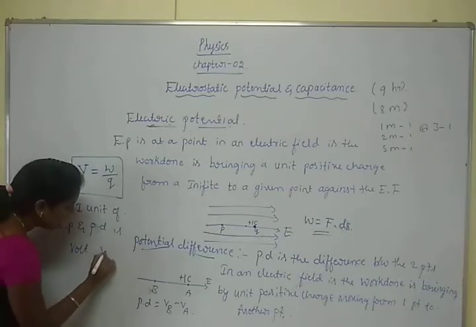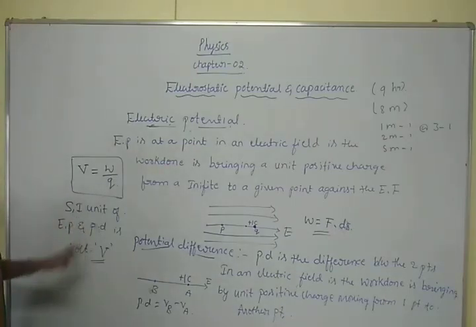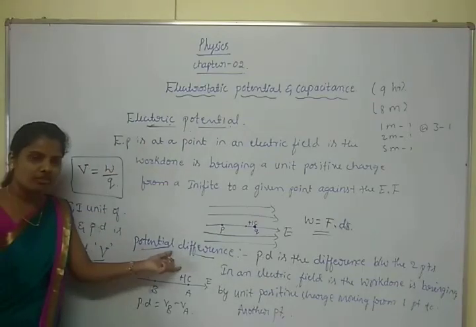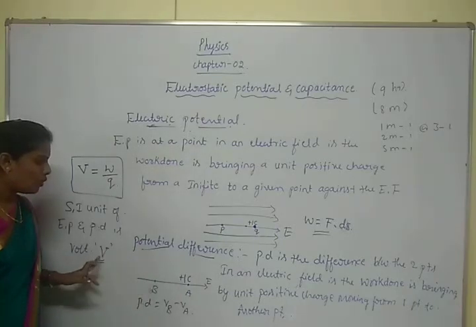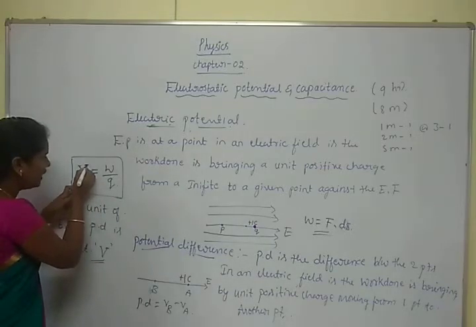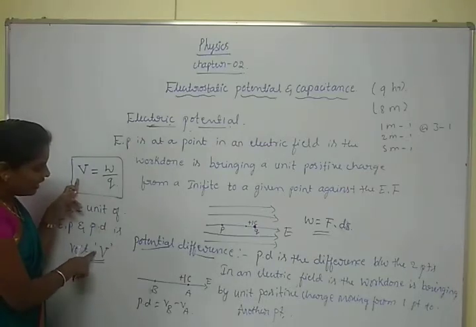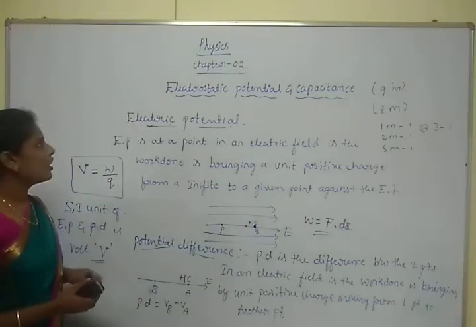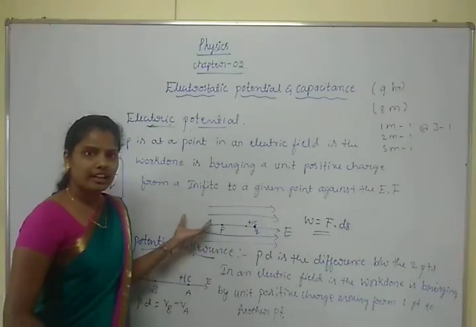It can be represented by the capital letter V. Both are scalar quantities, and the SI unit of both is volt, V. This is regarding the concept of electric potential and the potential difference of a point in an electric field.